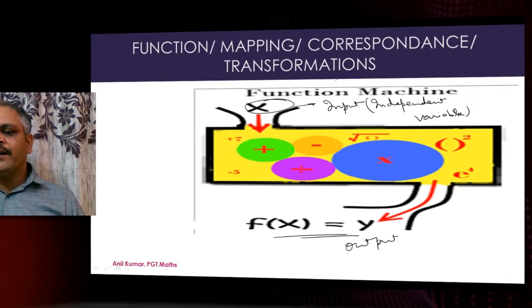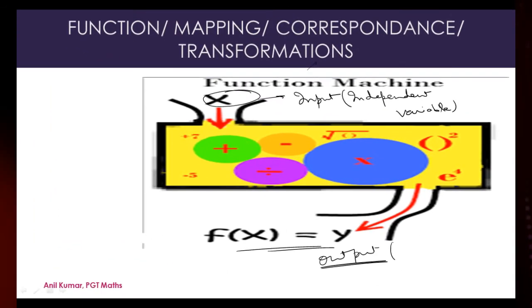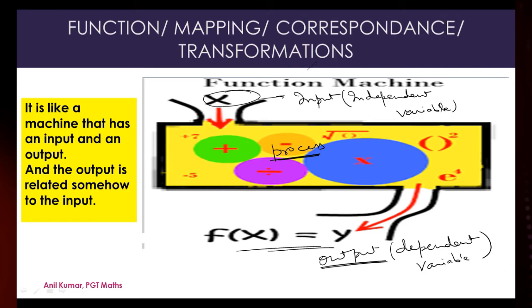Output is always a dependent variable because it depends on the input. In between input and output there is a processing. So this is the part of the process. As every machine does, this is our function machine, so it will process the mathematical operations. So we can say that it's like a machine that has an input and an output, and the output is related somehow to the input.